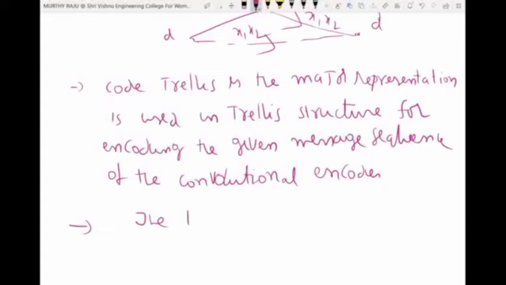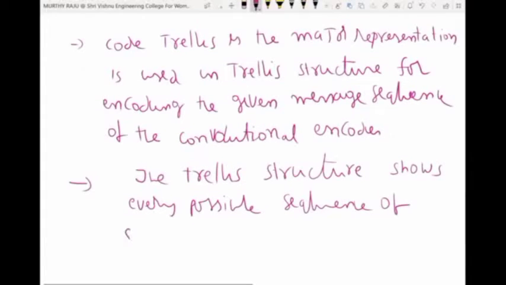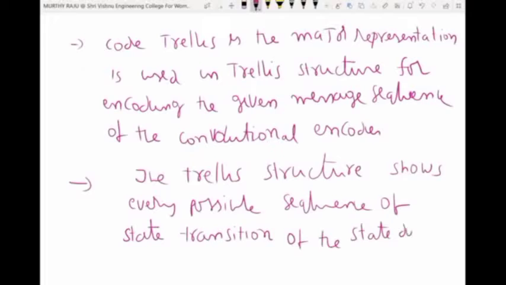The Trellis structure shows every possible sequence of state transition of the state diagram.